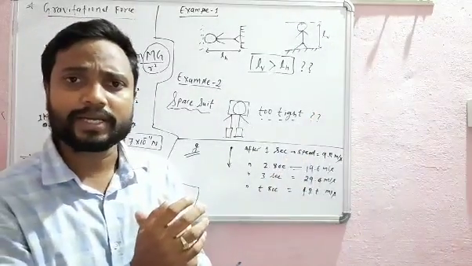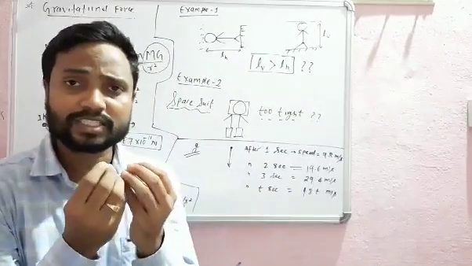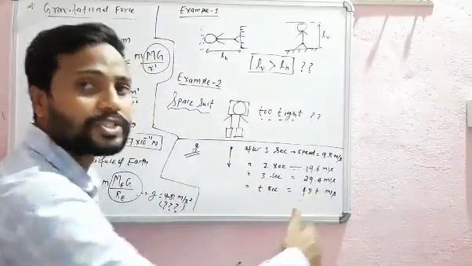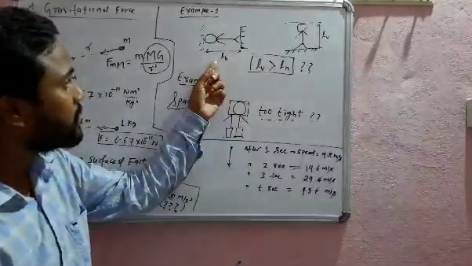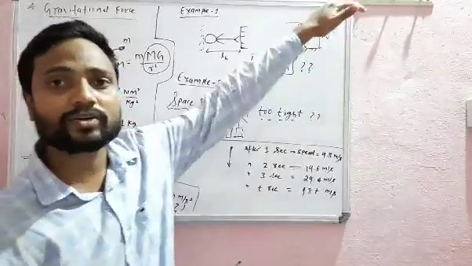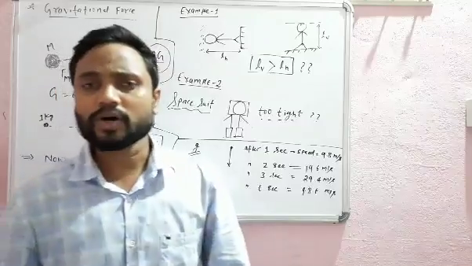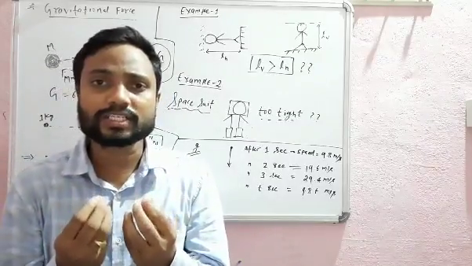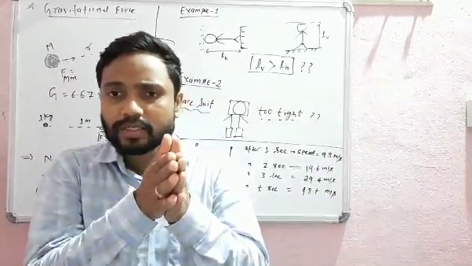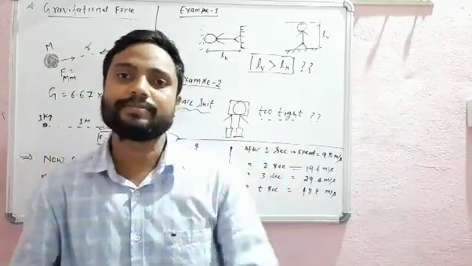When you perform an experiment, you find that when a person stands vertically, his height is slightly higher than when he lies down horizontally. When he lies down horizontally, his length is slightly lower compared to standing vertically. This happens due to gravity, because when you stand vertically, all the soft tissues and ligaments are compressed by gravity. When you lie down on a horizontal plane, all the soft ligaments expand.